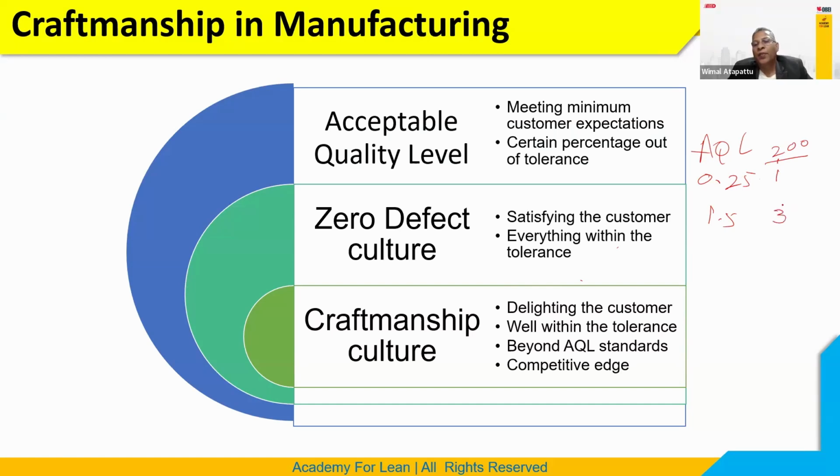Yeah. So depending on your AQL level you agreed with your customer, your shipments are passed based on this, right? If you are following 0.25, if you get 200 samples at the final stage and the auditor finds one defect, the shipment can go.